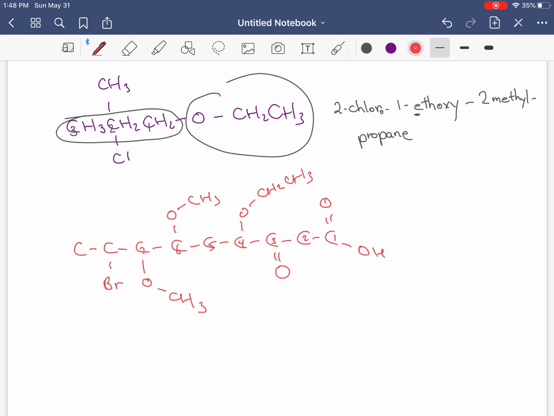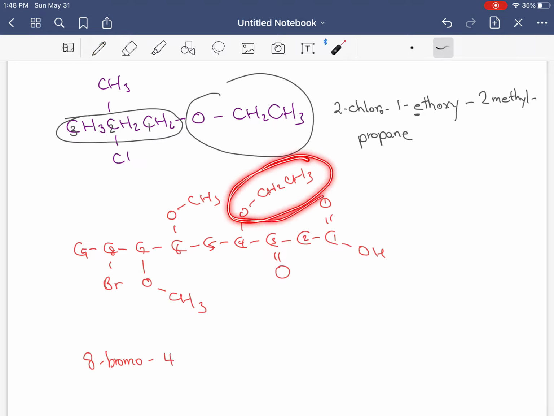So here it goes. This is a 9-carbon chain. Let's try not to make so many mistakes. So you have number 8, bromo. And number 4, I'm trying to do this carefully. I'm taking a look at this guy right here with an O. So that's an ether.